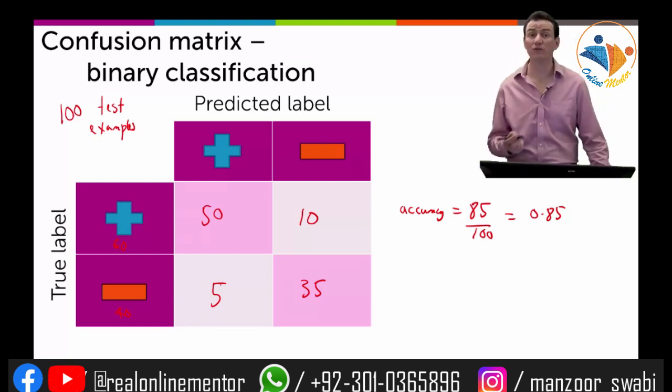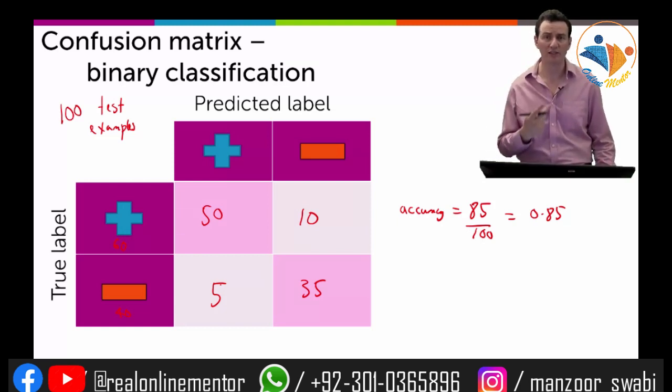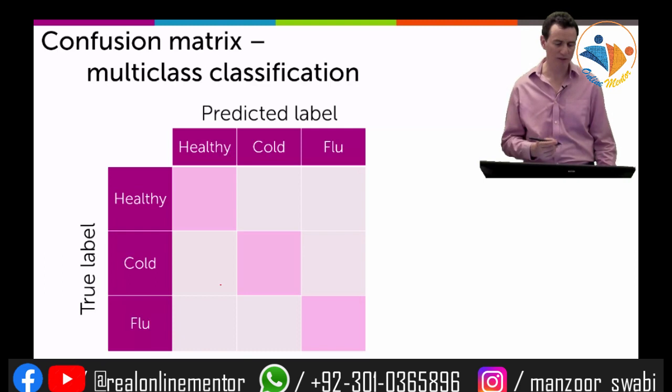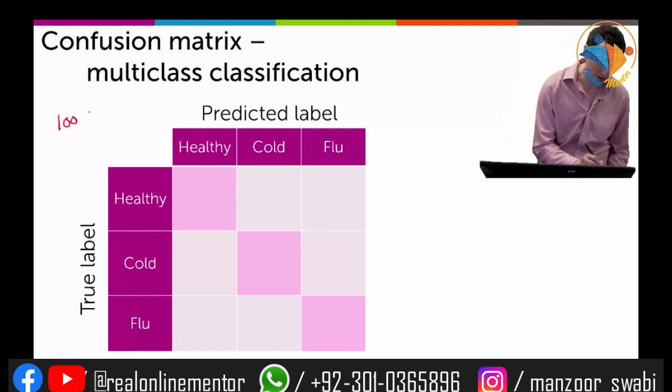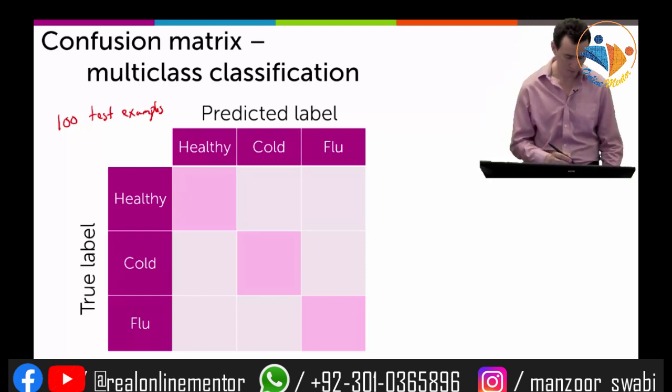Now, those words, false positive and false negative, apply only for binary classification, for 2 classes, but the idea of the confusion matrix works well even when you have more classes. So let's talk about a simple example of that. Let's say that I have 100 test examples, and this is for medical diagnosis. So there are 3 classes: healthy, cold, or flu.